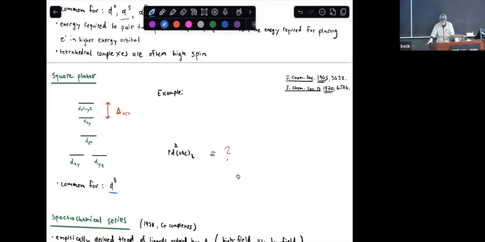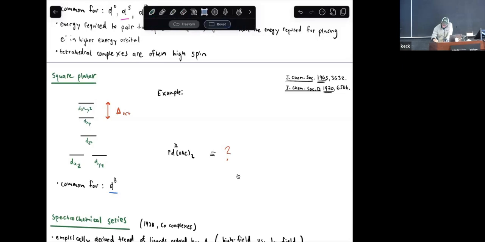You see the dz squared orbital goes much lower in energy, whereas the dx squared minus y squared orbital retains its relatively high energy. And then the orbitals that have some z character, like dxz and dyz, also go to lower energy because of the lack of these z ligands.